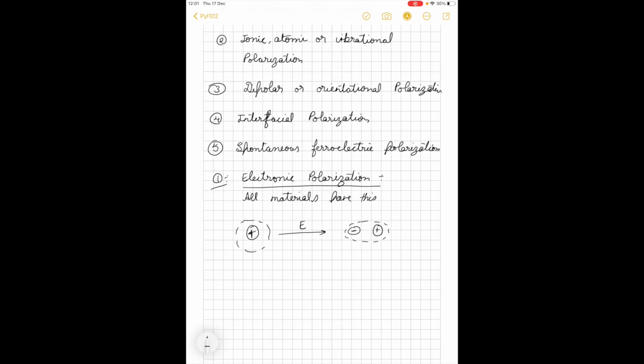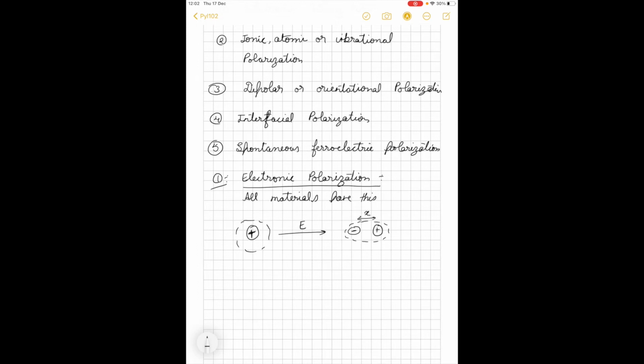Before, the center of mass of the electron cloud and the nucleus coincided, but in the presence of an electric field they get separated. We can denote this distance using x. This kind of polarization mechanism is called the electronic polarization.